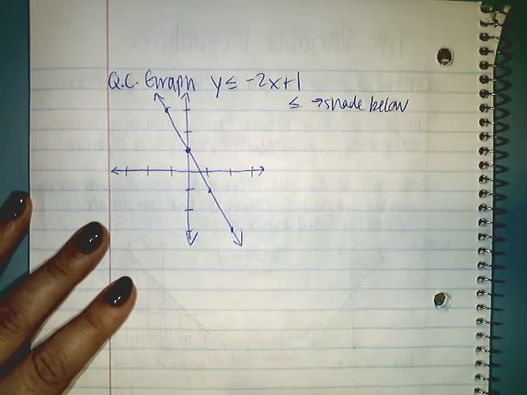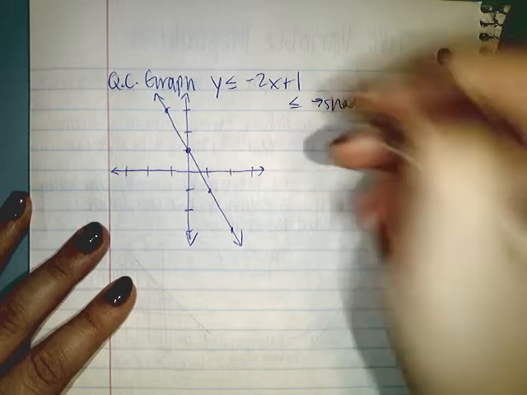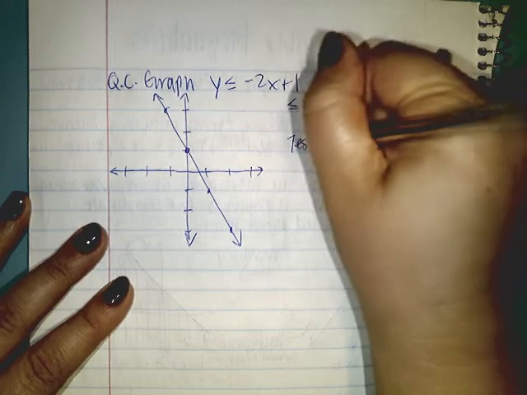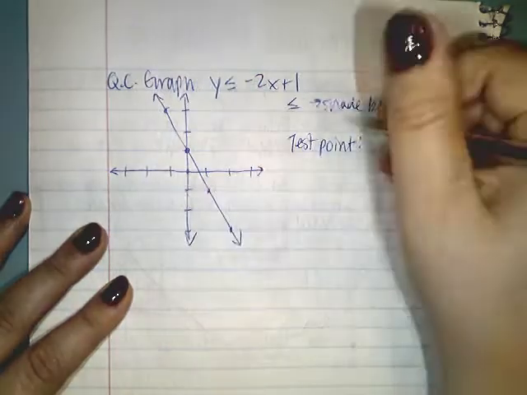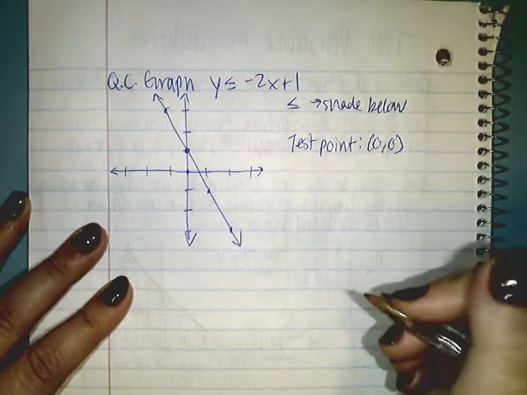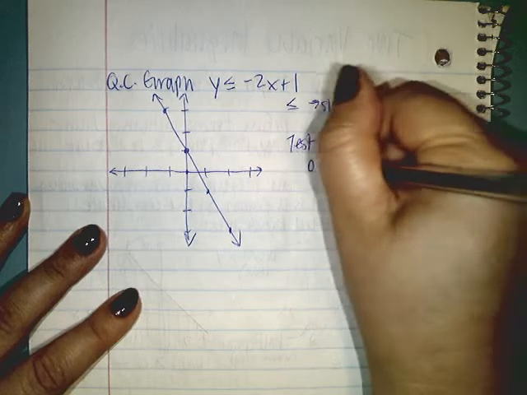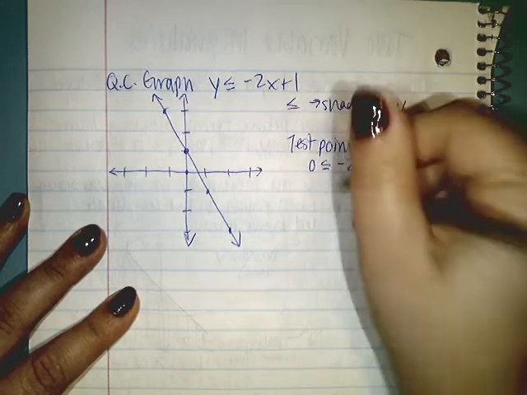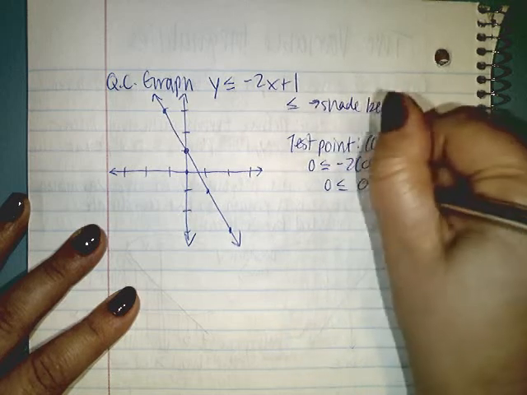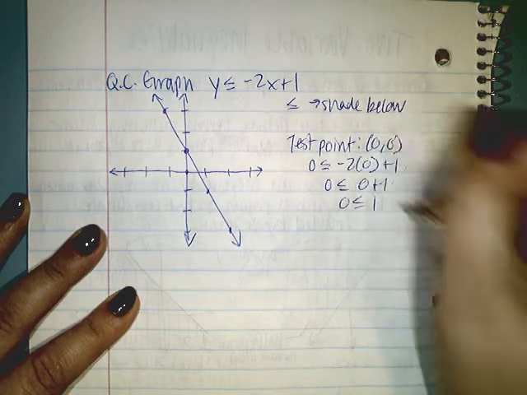Again, if you didn't have slope-intercept form, or if you just want to practice with the test point, I'm going to use here, again, 0, 0. So if I plug in 0, 0, I get 0 is less than or equal to negative 2 times 0 plus 1. So I get 0 is less than or equal to 0 plus 1, or 0 is less than or equal to 1.